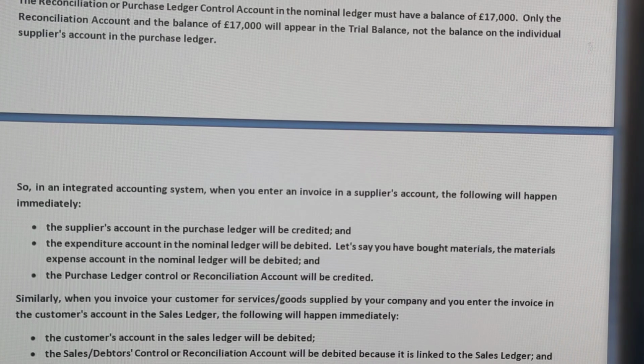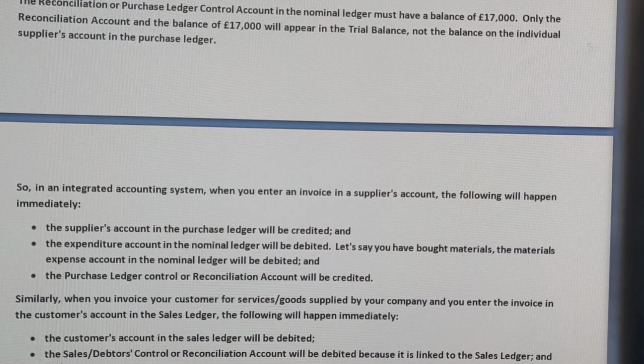Let's say you pay for the materials. Even if you have not paid for the materials, as soon as you post the invoice, the supplier's account in the purchase ledger will be credited, and in the nominal ledger, the expense account will be debited.